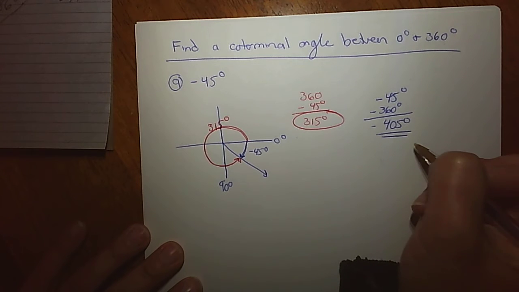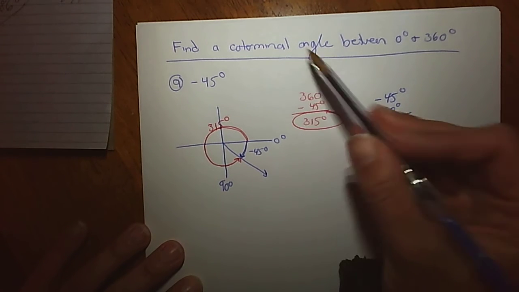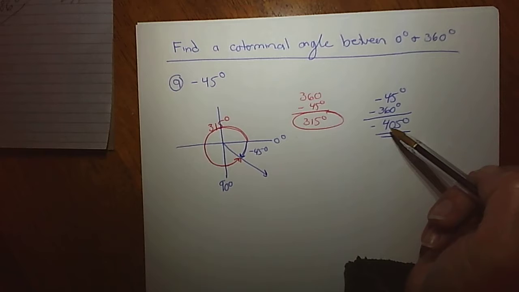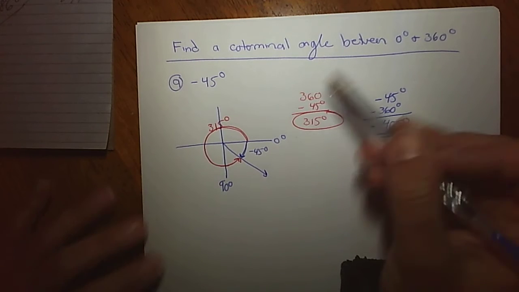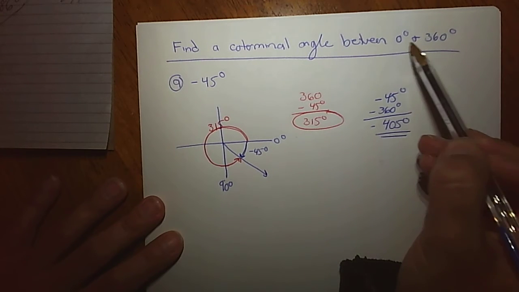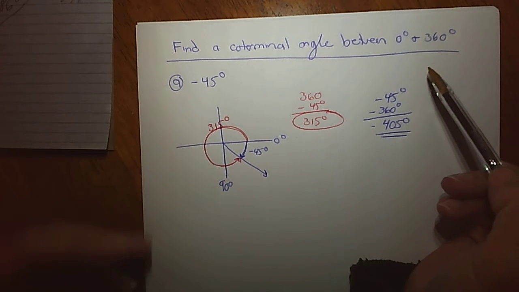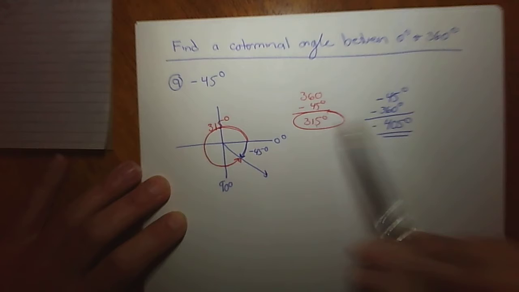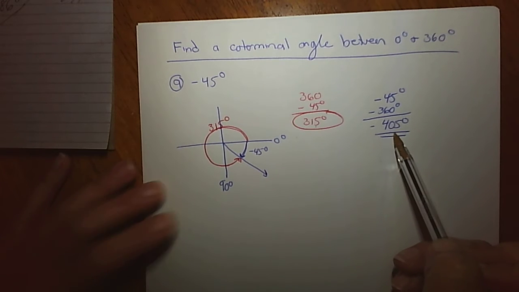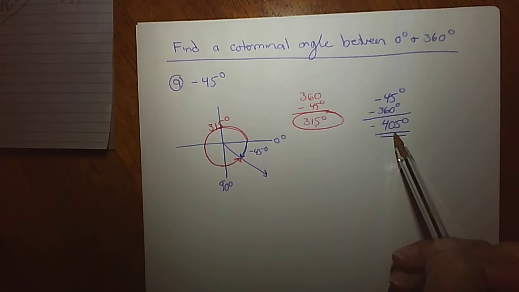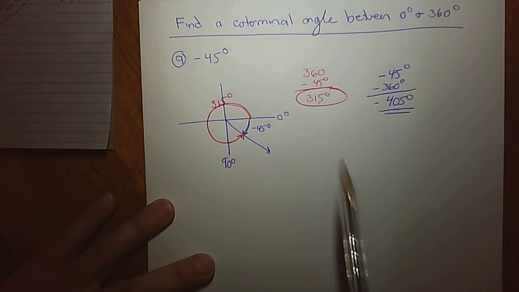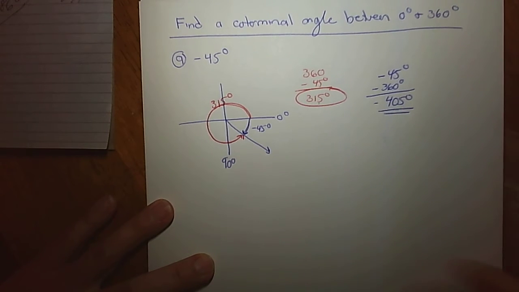Yes, that technically is coterminal. So if you gave me that, I gave you the point because I was impressed you came up with another coterminal. But technically, does it fall between 0 and 360? No, it doesn't. So this is the best answer. But if you gave that, I was happy you got a coterminal angle. I accepted it as well. But these are the only 2 that I accepted.